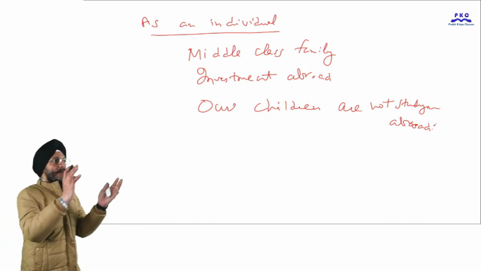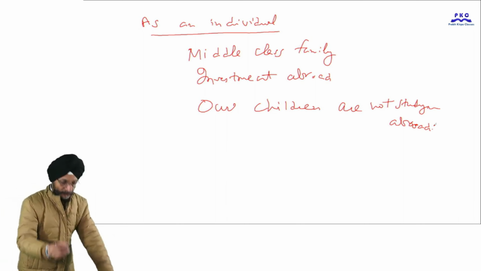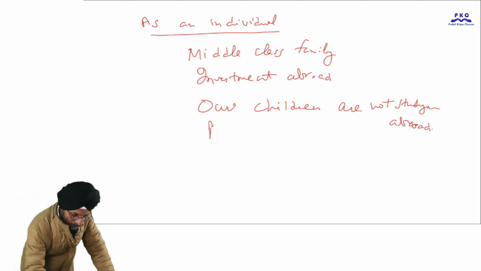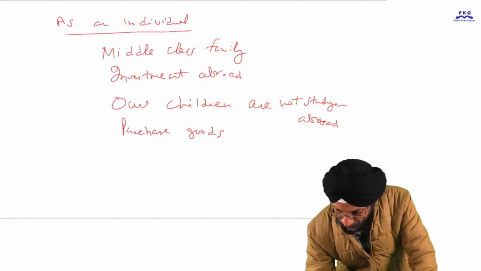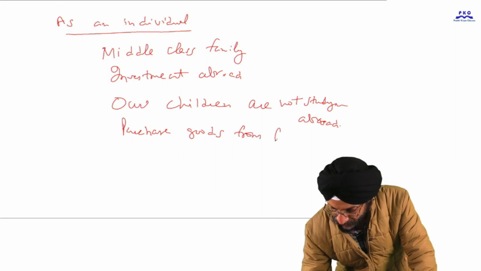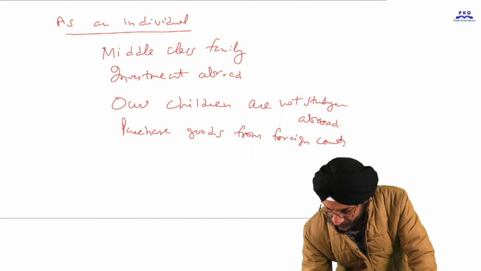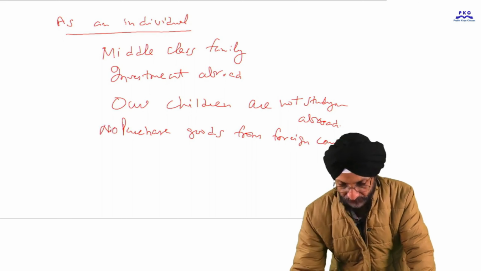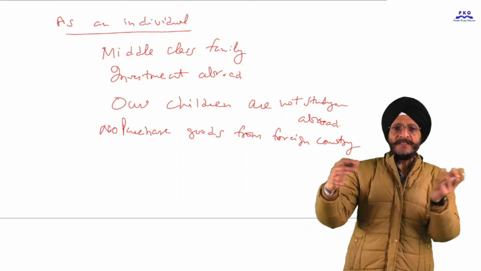When we are not having enough means, we do not purchase goods from a foreign country. No purchase. We are a middle class family.